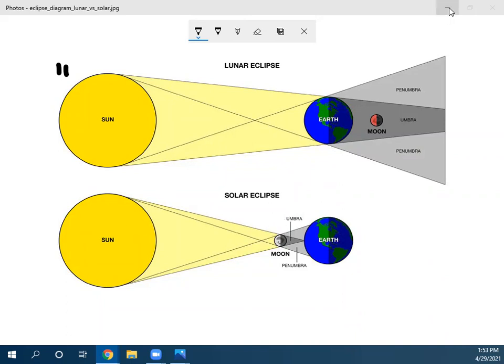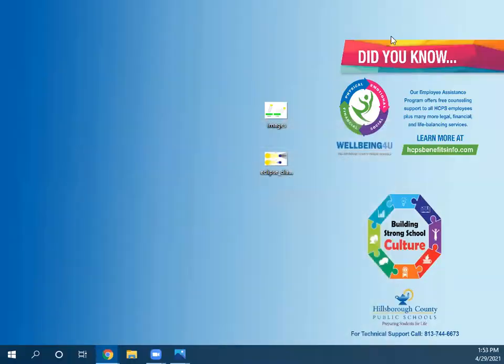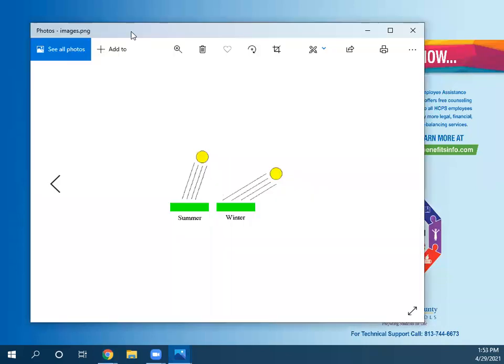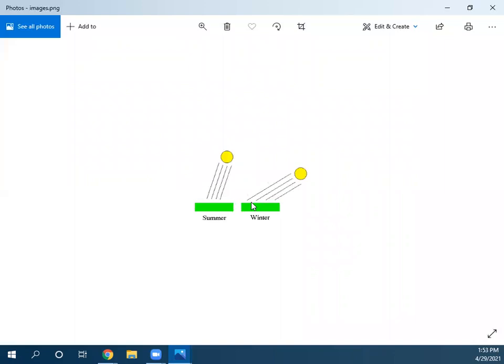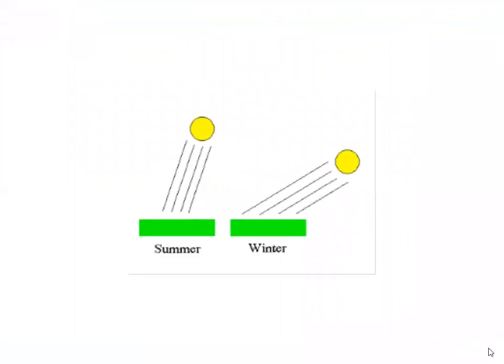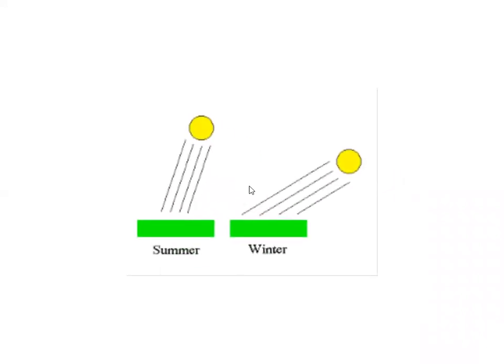Okay, let's go over our next topic. On the test, you are also going to have to know these quick climate questions. You can write this down on page 11 as well.